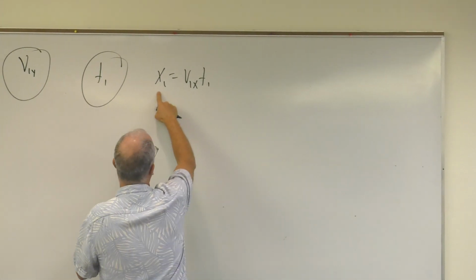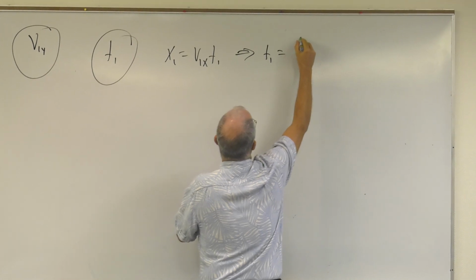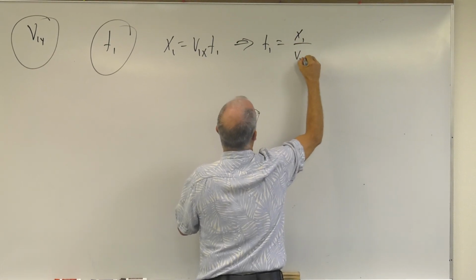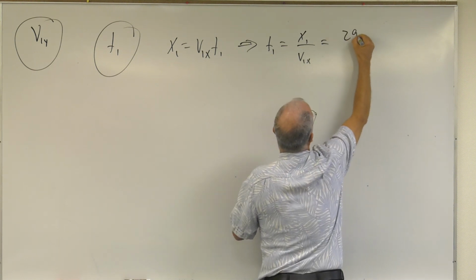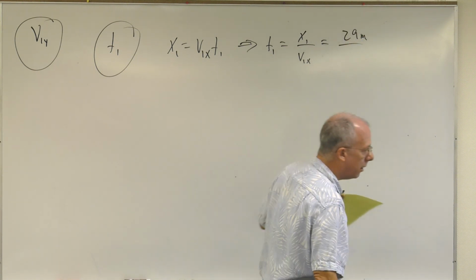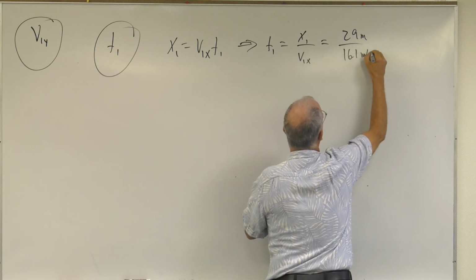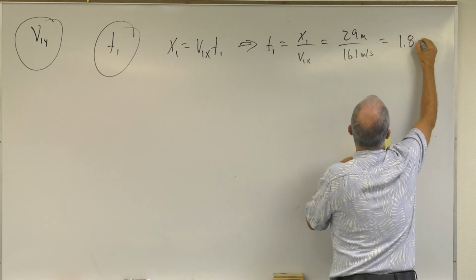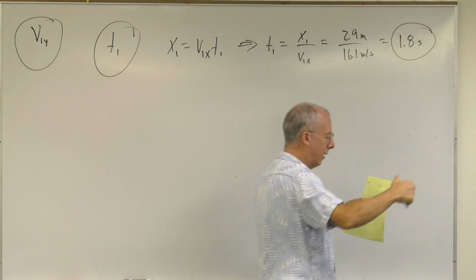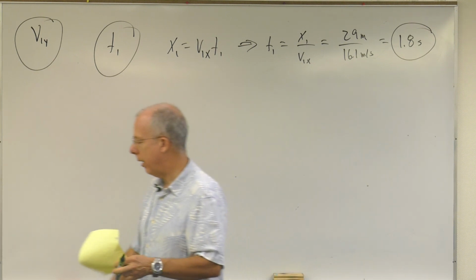So x1 equals v1x t1, therefore t1 equals x1 over v1x. Look over here: 29 meters, v1x 16.1 meters per second, 1.8 seconds. Woohoo! All right, so now I have my t1.